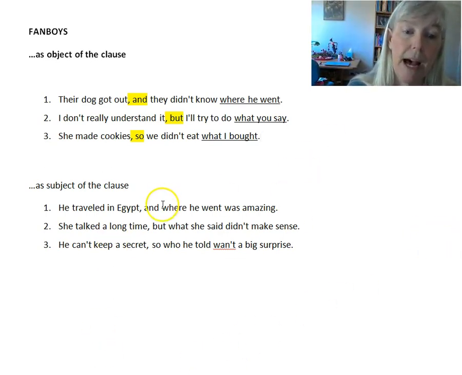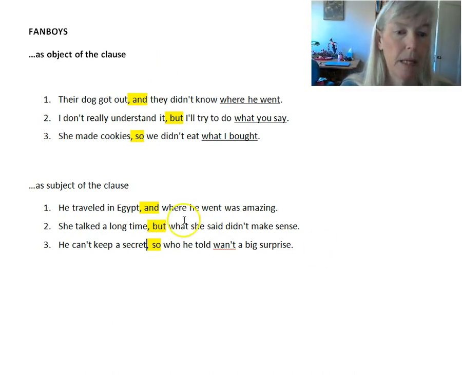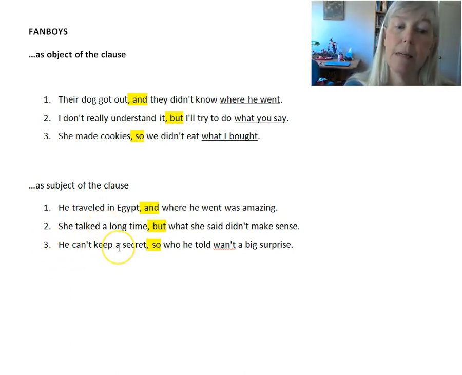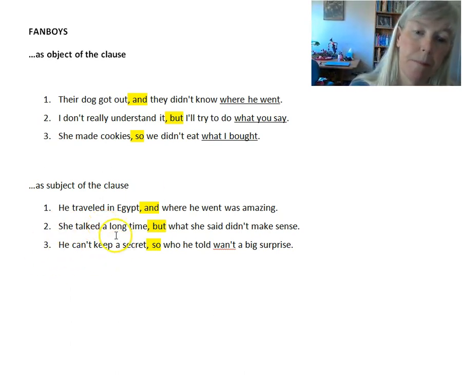We can also have the noun clause as the subject of the FANBOYS clause. So let's have our FANBOYS here with a comma, and, but, so, always in the middle, always with a comma. He traveled in Egypt, subject verb. She talked, subject verb. He can't keep, subject verb.